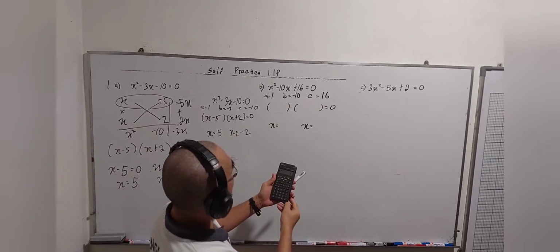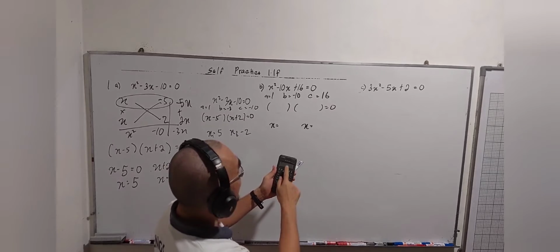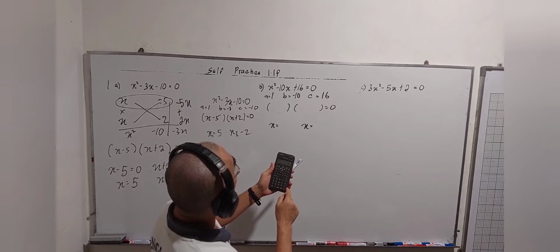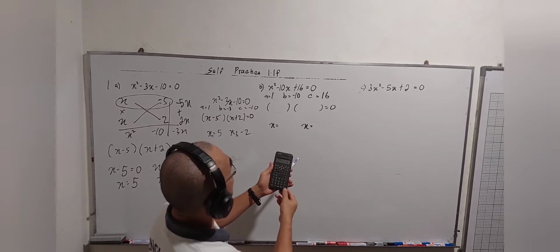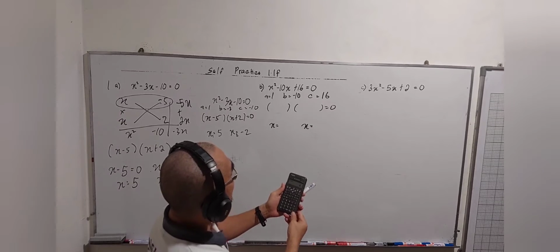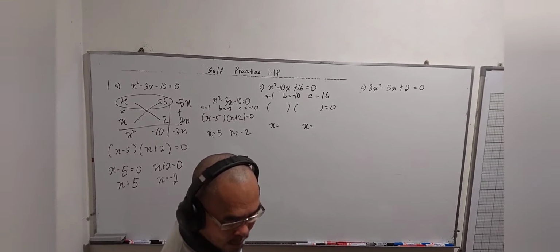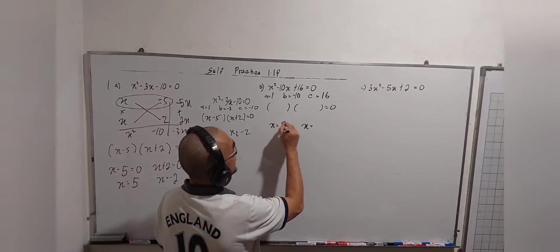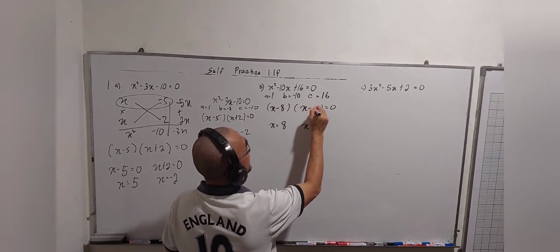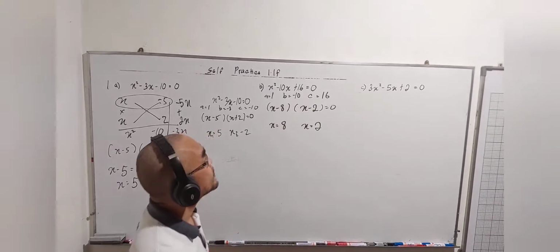A is still 1. B is different from the first one, so you press negative 10 and press equal. And C will be 16 and equals. The first value is 8, the second value is 2. It should be x minus 8, x minus 2.